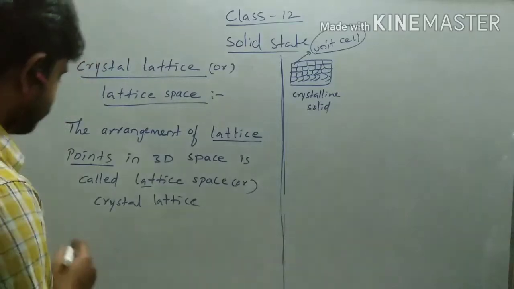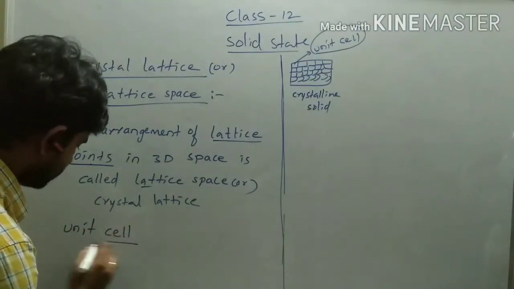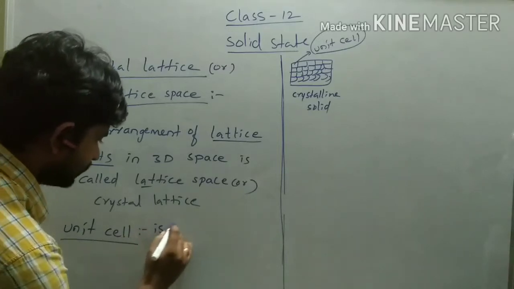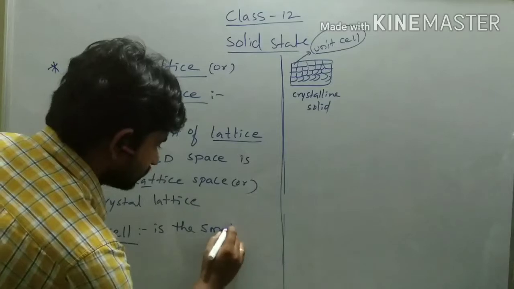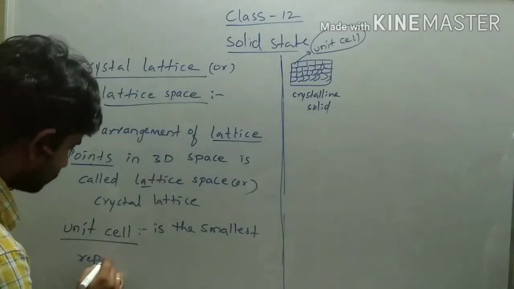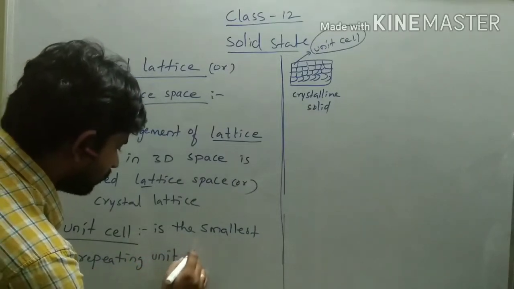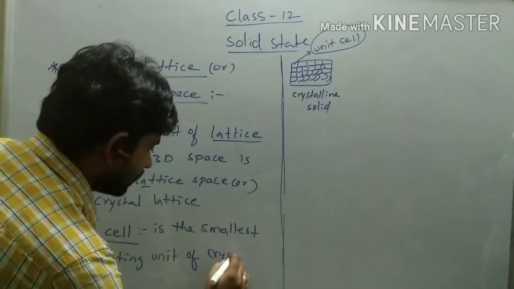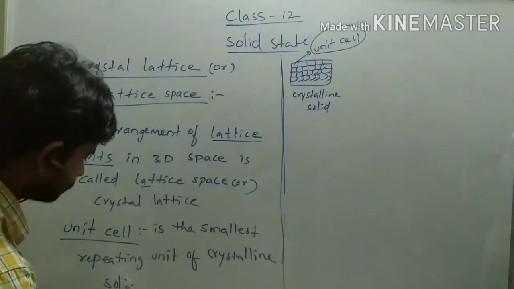So what is a unit cell first? Unit cell is the smallest repeating unit of a crystalline solid.